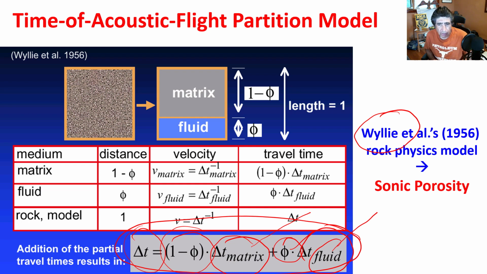This field of rock physics is very deep and very wide, so I'm not going to talk about that today. I'm just going to focus on the super simple time-of-flight partitioning that Wyllie came up with, because you will see in a second that it is very important, or at least useful, for the analysis of carbonate rocks.